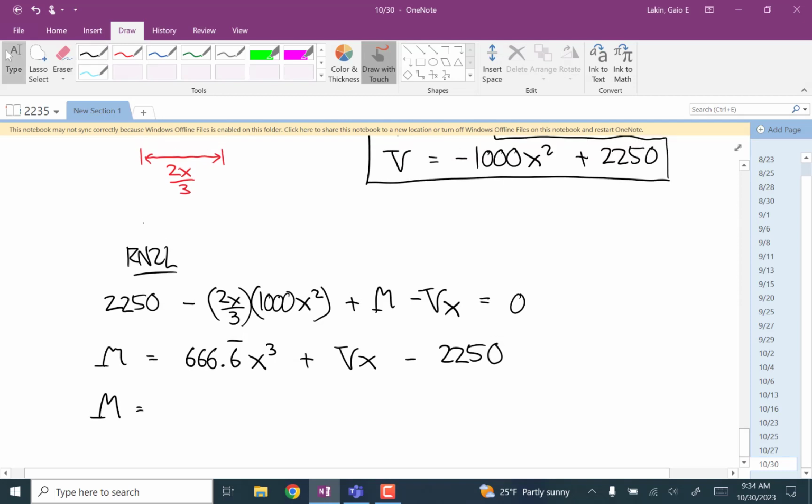So m is equal to 666.6 repeating x cubed minus 1,000 x cubed plus 2250 x, because I'm multiplying that whole v function by x, and then minus 2250.